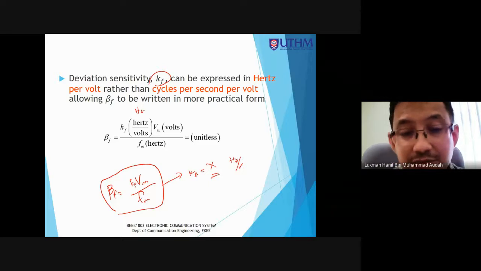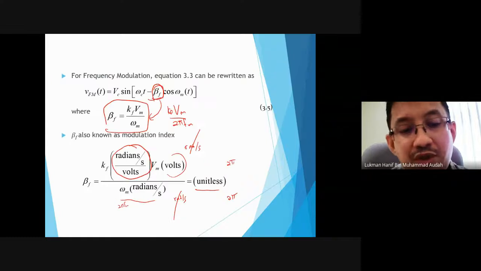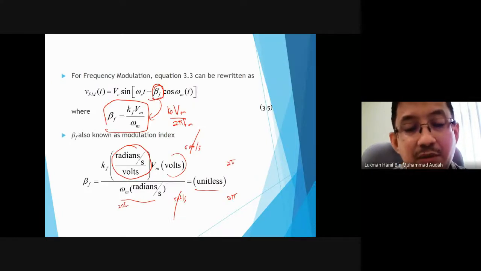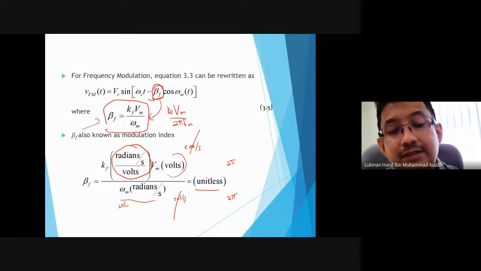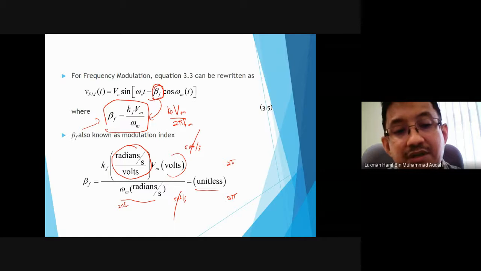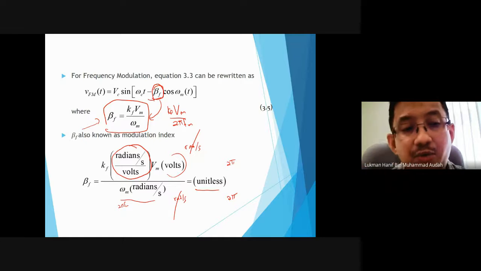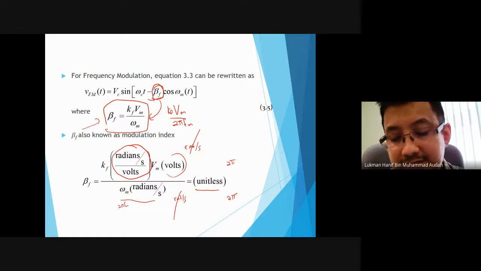Sama aja. So jangan confuse. Remember when you derive the FM equation, apabila kamu derive FM equation, sebenarnya you akan dapat yang ini, beta f yang ini. Okay. Tetapi biasanya dalam pengiraan soalan, normally in the calculations, in the questions to calculate some parameters, we give you beta f as this one.